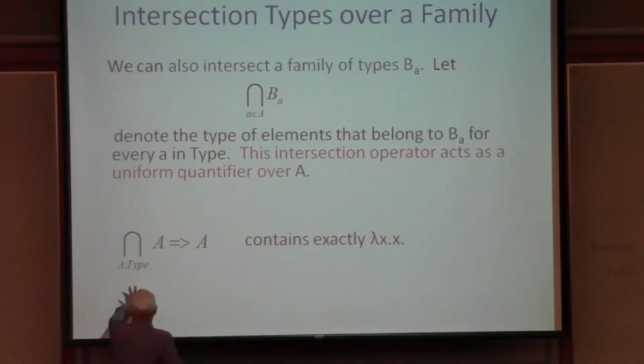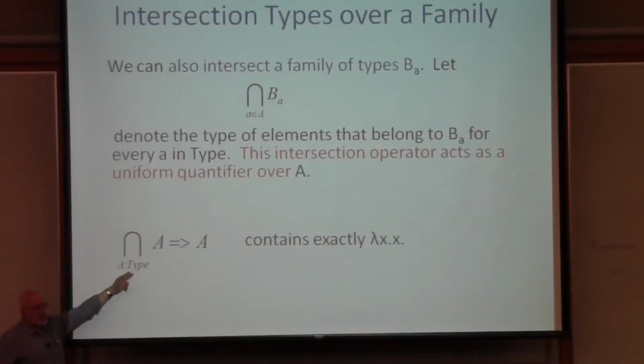Think about this quantification. If we wrote this out as a piece of logic in Coq, the quantifier would be for all A of type, say, the first level of the set type, A implies A. So you can write that as a quantified formula. Now that's not uniform, but that's quantifying over these types.